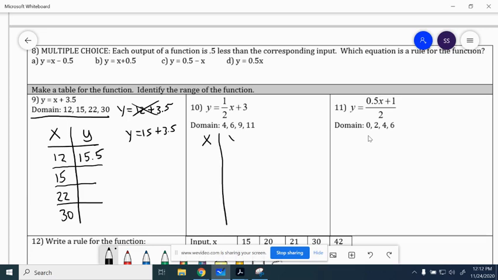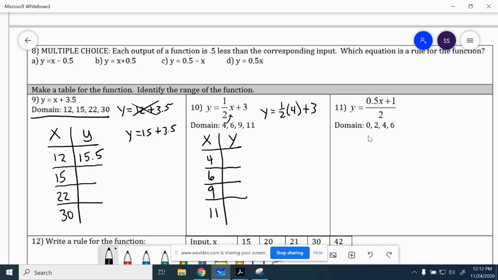Same thing. X, Y. They gave you the domain, which is your x values. Go ahead, plug them into the function. So when I input 4, y is equal to 1/2 times 4 plus 3.